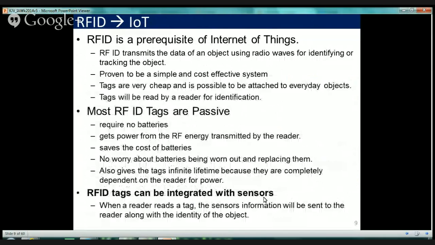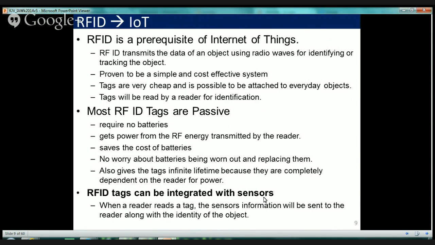So we cannot continue to stay in the realm of completely passive tags. We need to somehow have energy in them, and maybe try to utilize the communication as it is done in an RFID tag to pass back the information from the sensor.